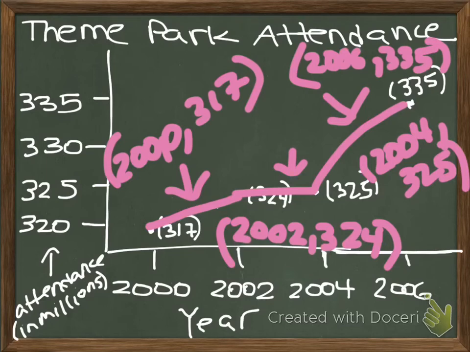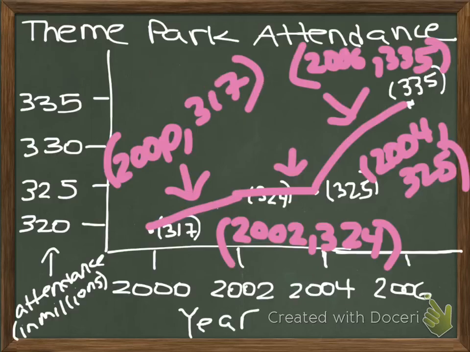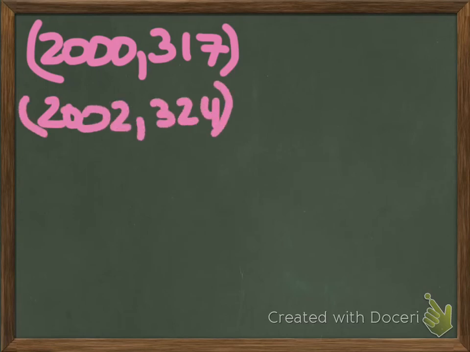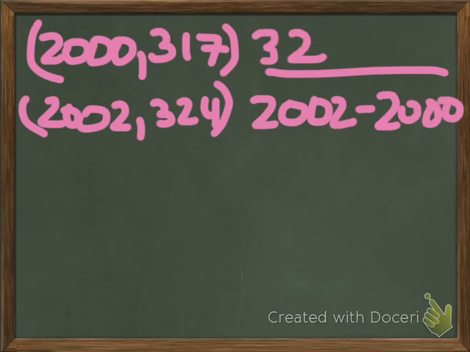So if we start with the first 2 points, we have 2000, 317, and 2002, 324. So we need to find the slope. We need to subtract the x's as our denominator and the y's as our numerator.